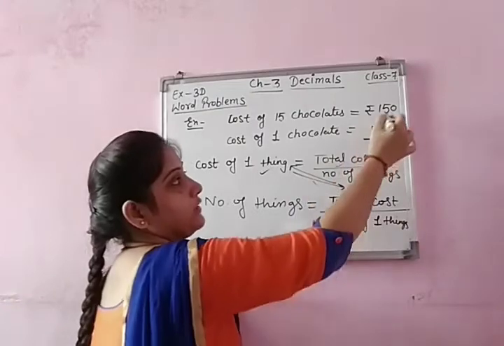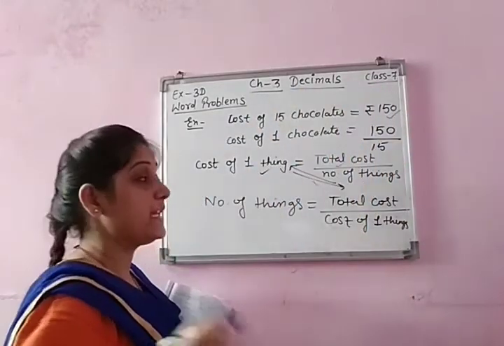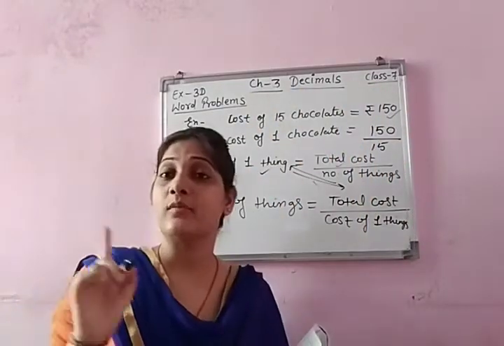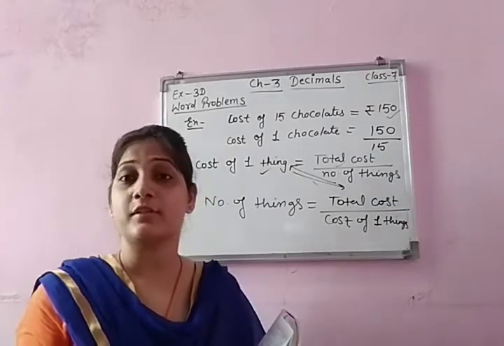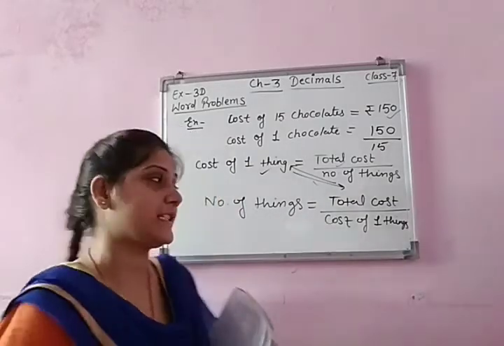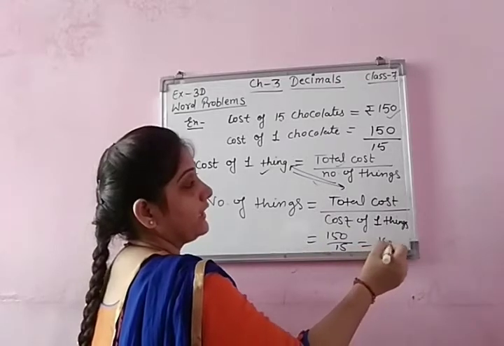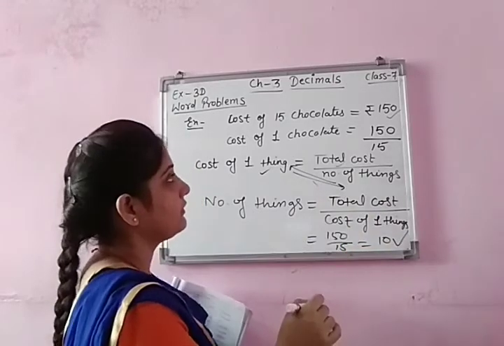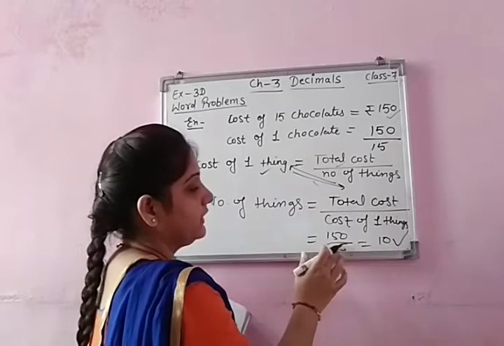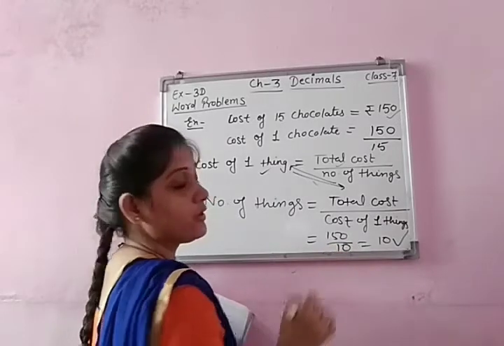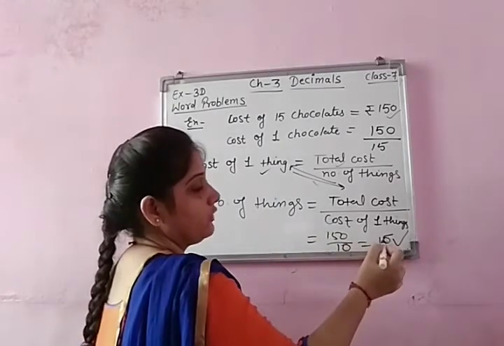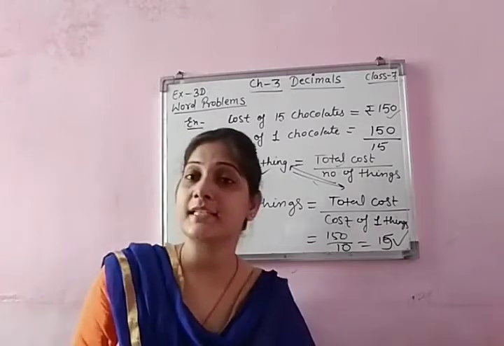For this example, the total cost is 150 rupees, and it is telling us that one chocolate costs 15 rupees. So how many chocolates can we purchase? We have to do 150 upon 15. So you will get the number of chocolates, 10.